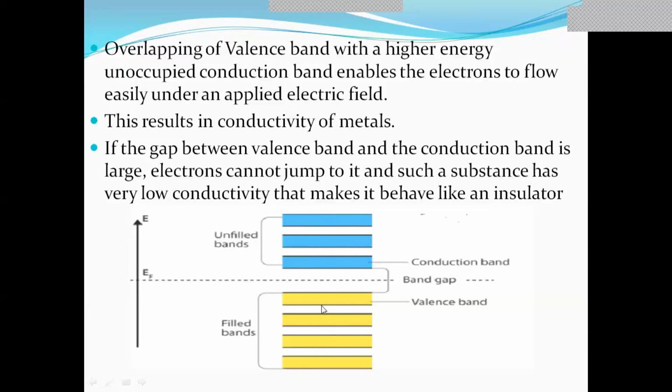So when valence band overlaps with conduction band, it allows electrons to flow through it easily whenever electric field is applied upon it. So because of this, electricity pass through the metals or metals conduct electricity.